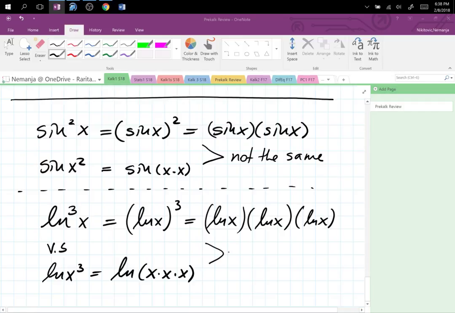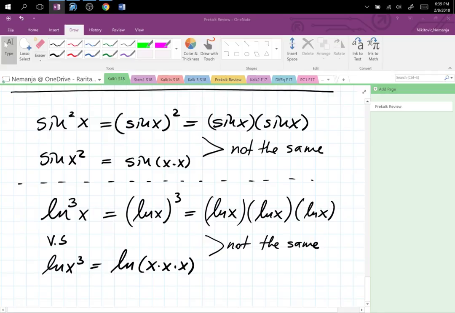Again, not the same. So I'm hoping that this notation is now making sense. That's just the convention that's accepted in math.